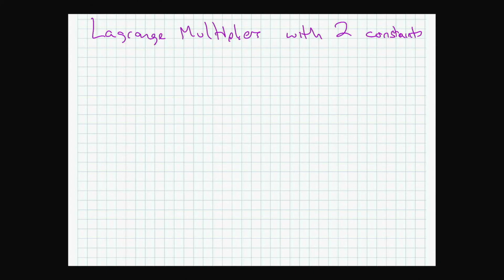It's the same setup. We're trying to maximize this. So let's say find max or min of, let's just say f of x, y, z. They're using 3 variables here. I don't think it matters.